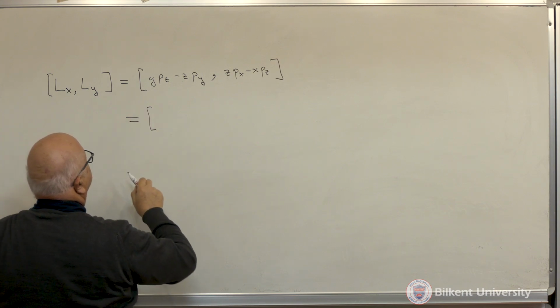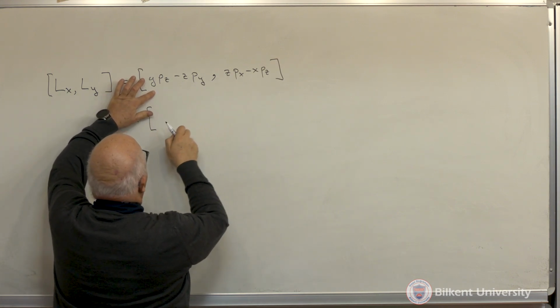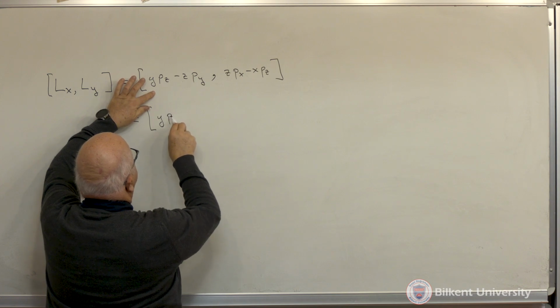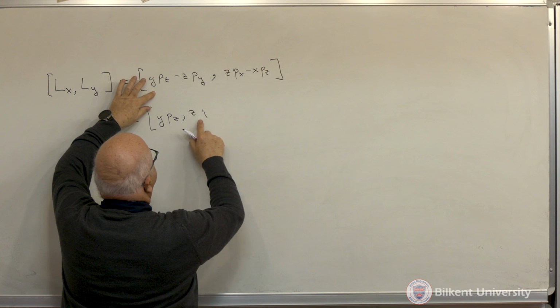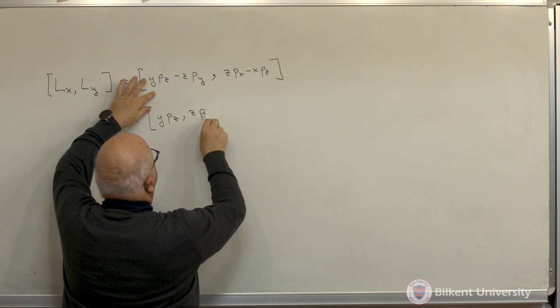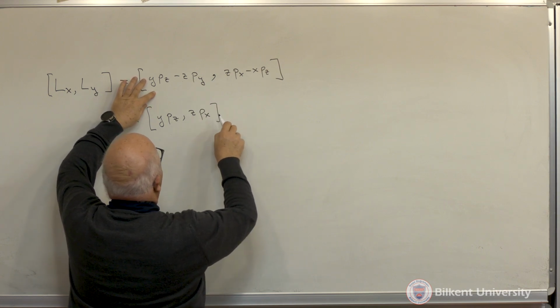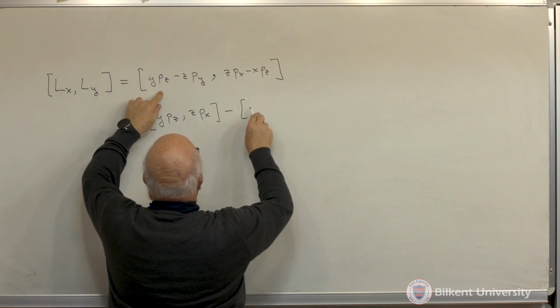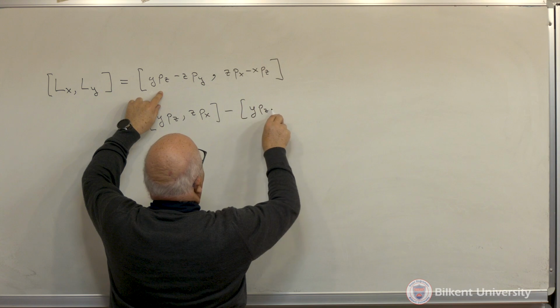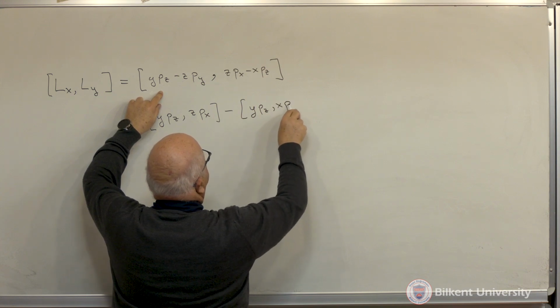So, okay, first with first, y pz with z px. Okay, and then minus y pz with x pz.